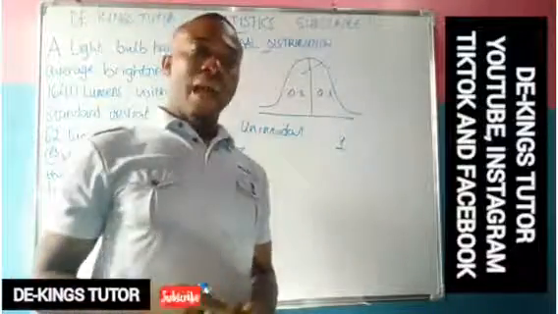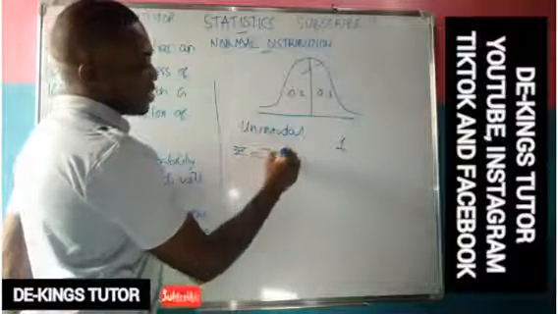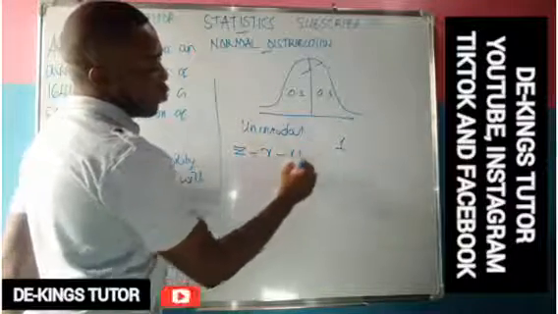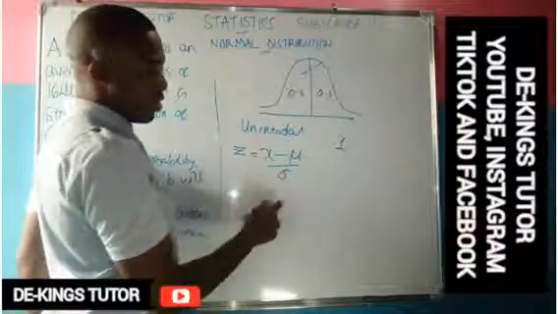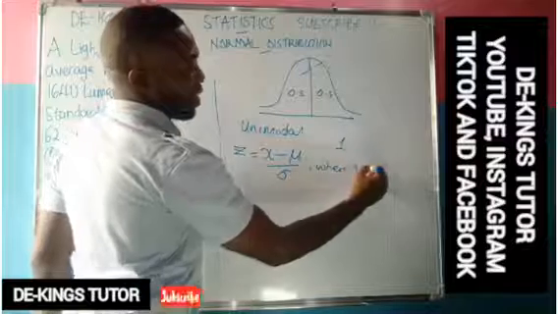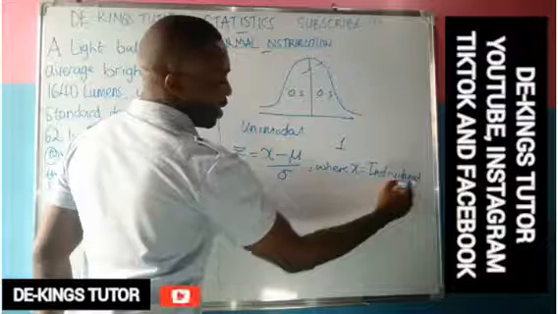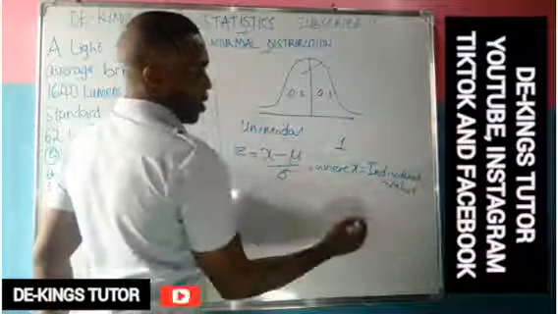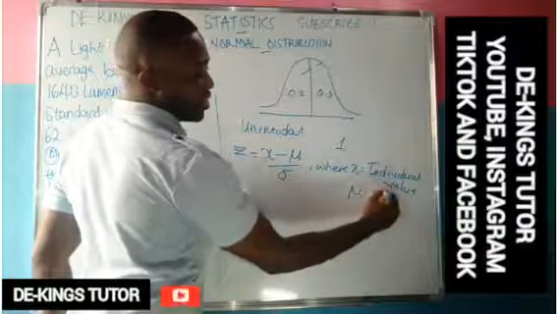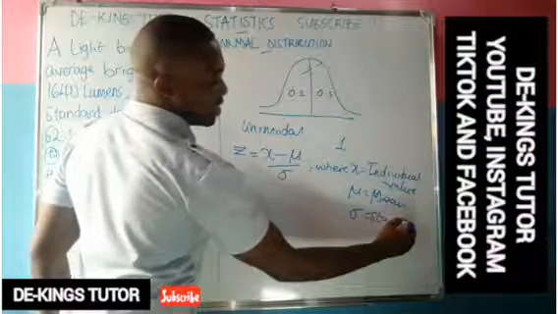It is given by this formula: Z equals X minus mu over standard deviation, where X is the individual value, mu is our mean, and this is our standard deviation.